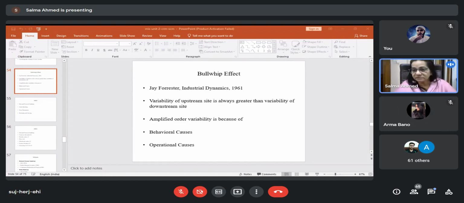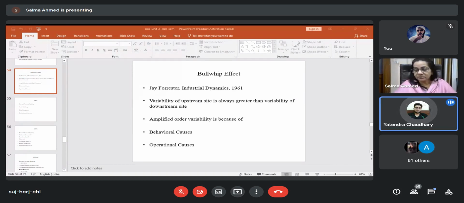Omar, Tushar, I can see some names. Varisha, Yatindra, Ashutosh. Anybody can add to it. Maybe operational causes like some technical problems in the chain, for instance, which can be at any stage of the supply chain.